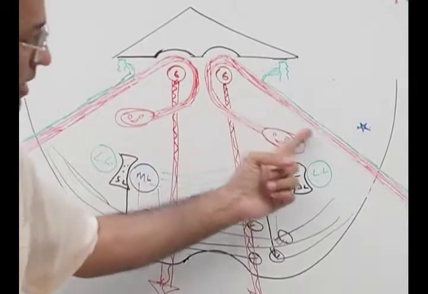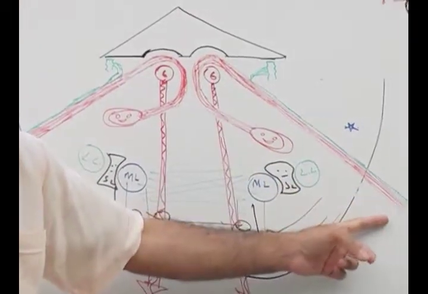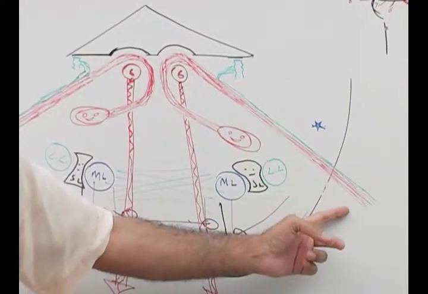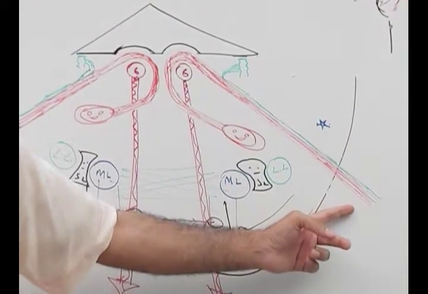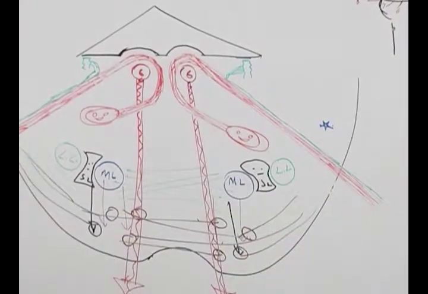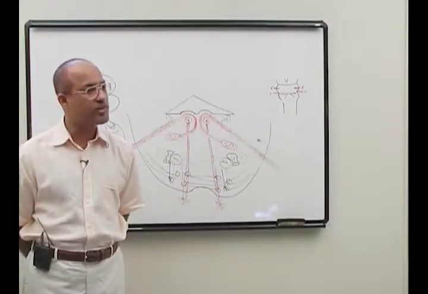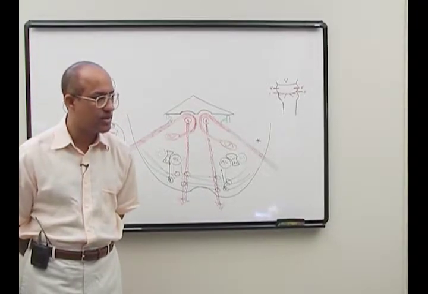And these red fibers which are going to the muscles of facial expression and stapedius muscle, these are called special visceral efferent fibers. Is that right? Now, after that, you must know the facial nerve also has a lot of parasympathetic fibers, right?